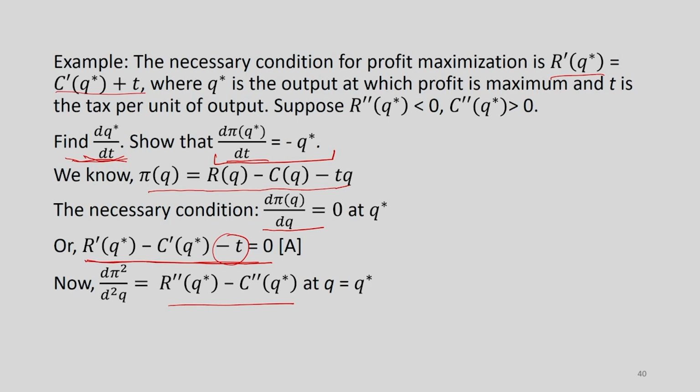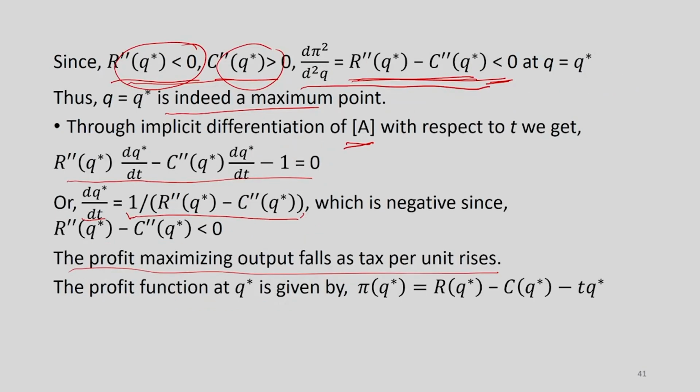What it means is that the profit, or the maximized profit, how much does it change with respect to t, and we have to show that it is equal to minus q star. Well, to do that, what we do is that we go back to the profit function and look at the profit function at q star, right, at the profit maximizing output.